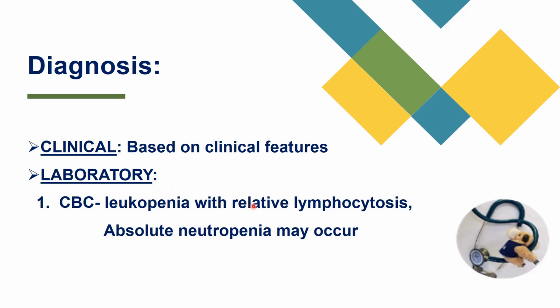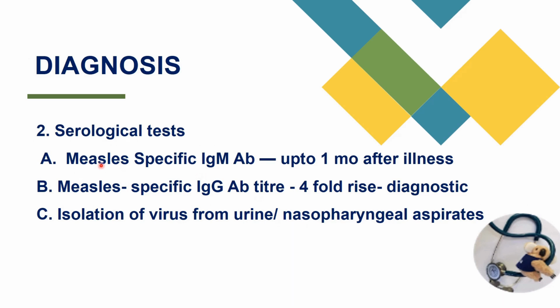In the lab, if the facilities are there, you can do the complete blood count, which will show leukopenia with relative lymphocytosis, and there might be absolute neutropenia sometimes. A serological test, if available, will be helpful, especially for the atypical type of measles. You can do measles specific IgM antibody, which is positive up to 1 month after the illness, and measles specific IgG antibody titer.